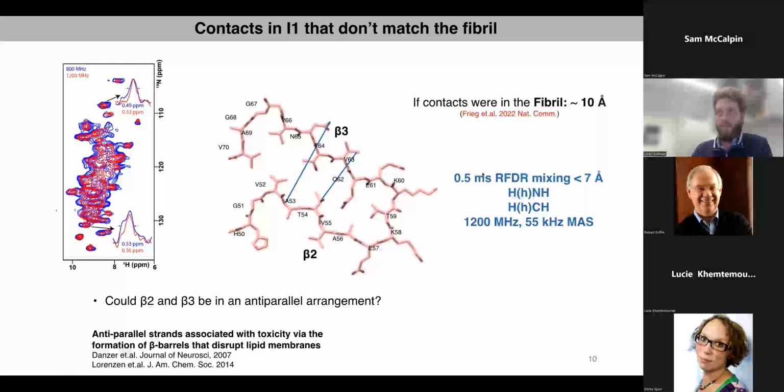With these initial HNH and HCH spectra, we were able to identify a couple of contacts which are clearly in violation with the fibril structure, as expected. These are quite different structures here. However, identification of a contact relies just on a single proton chemical shift, which makes it difficult to find unambiguous cross peaks, since there's quite a lot of overlap in the proton spectrum.